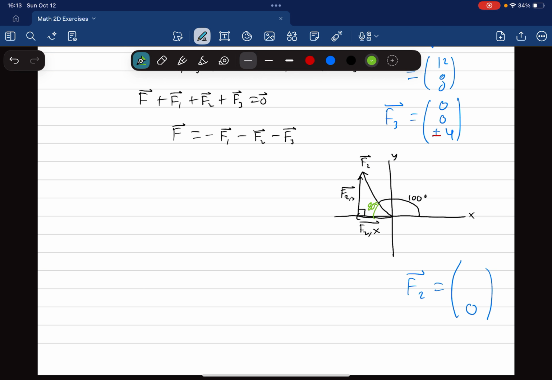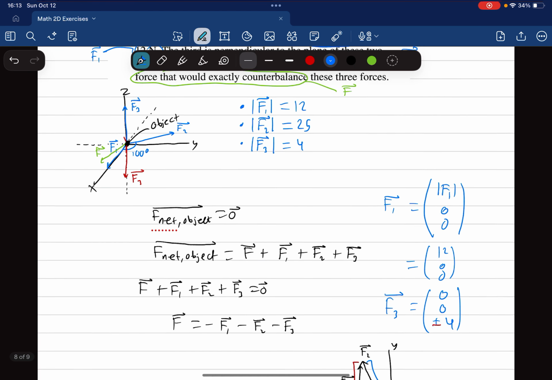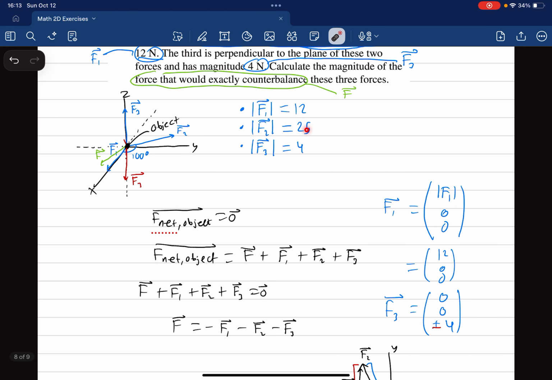So the length of our y component, well, that's going to be the length of F2, which is just the magnitude of F2, which we know to be, oh no, 25, sorry.